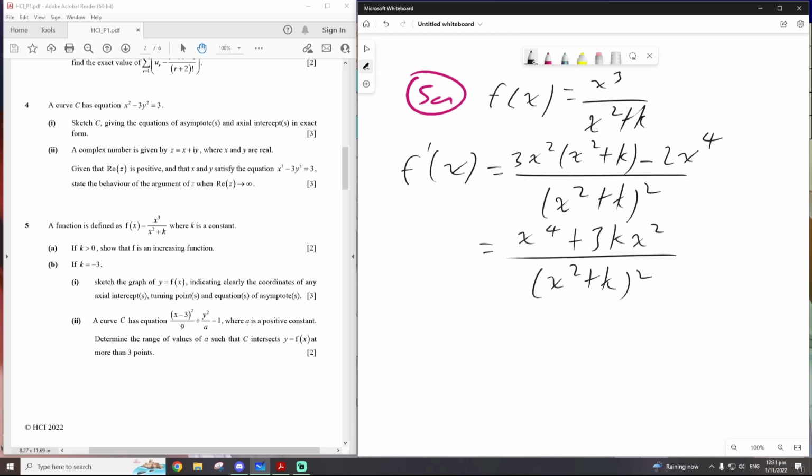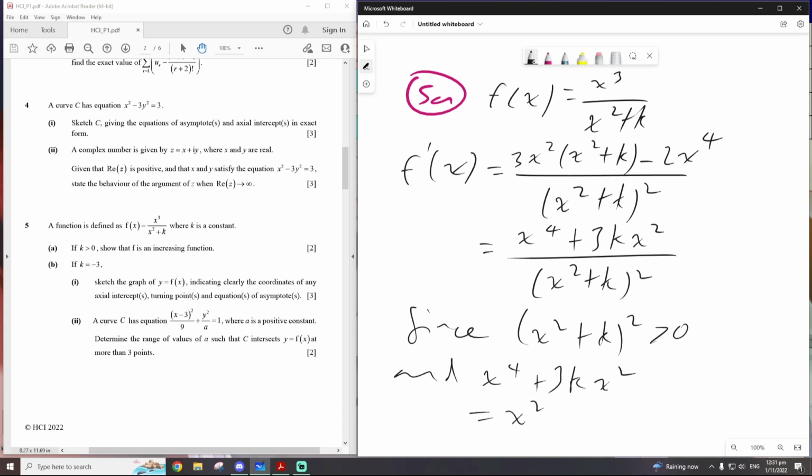And since x squared plus k squared is greater than 0, and x to the power 4 plus 3kx squared equals x squared times x squared plus 3k, which is greater than or equal to 0, f prime x is greater than or equal to 0, so f of x is increasing.